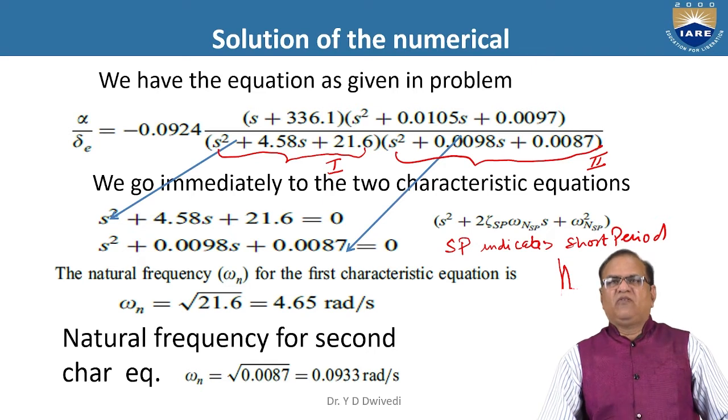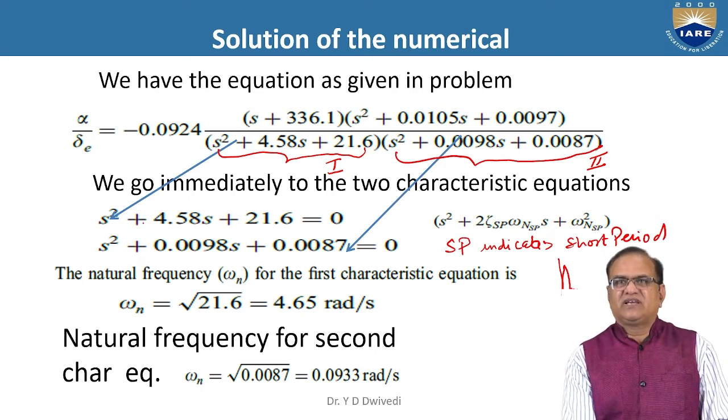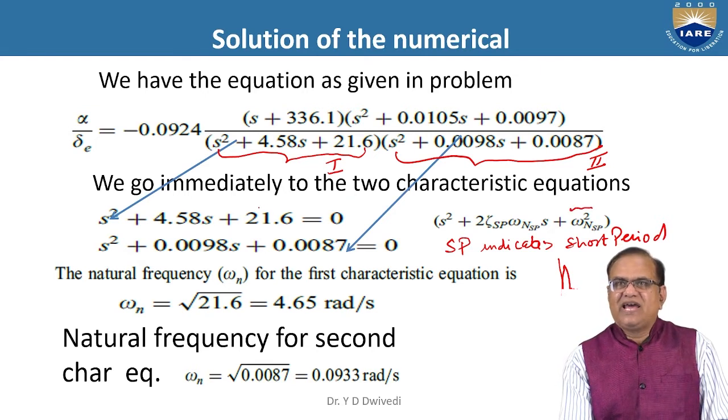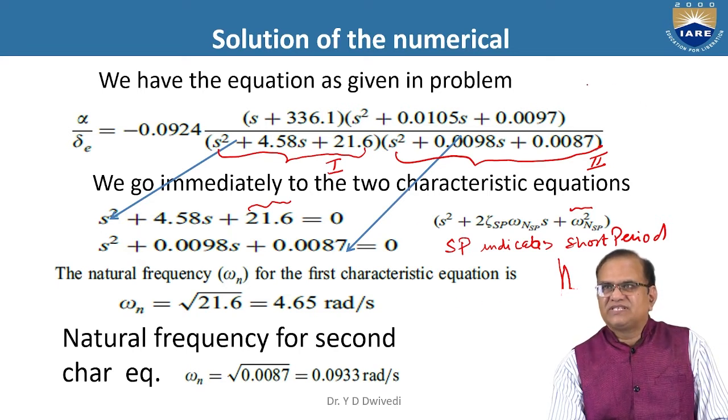If we compare the first equation, in this you see omega n square short period is equal to 21.6.